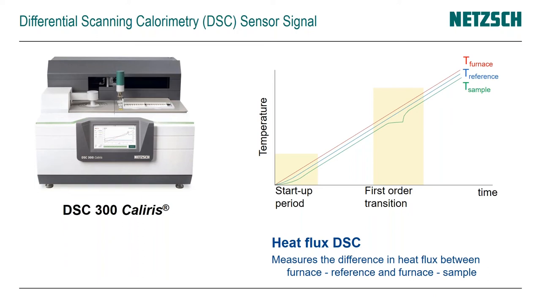So the reference in the DSC is an empty crucible versus a sample. And the reference in the identification that I talked about actually refers to a reference material that allows us to get the enthalpy value to calculate the weight percentage. I hope that is a little clearer now.